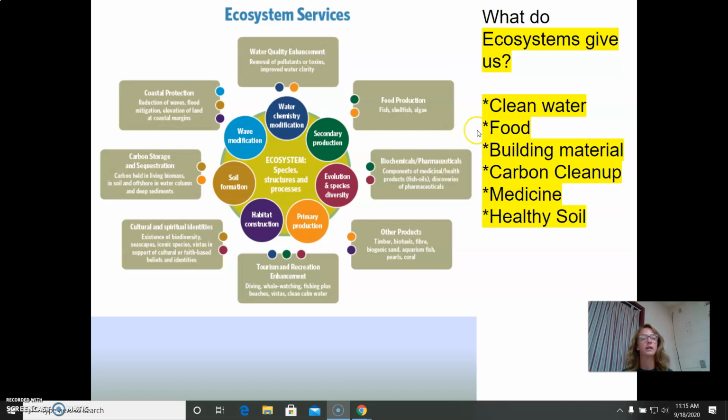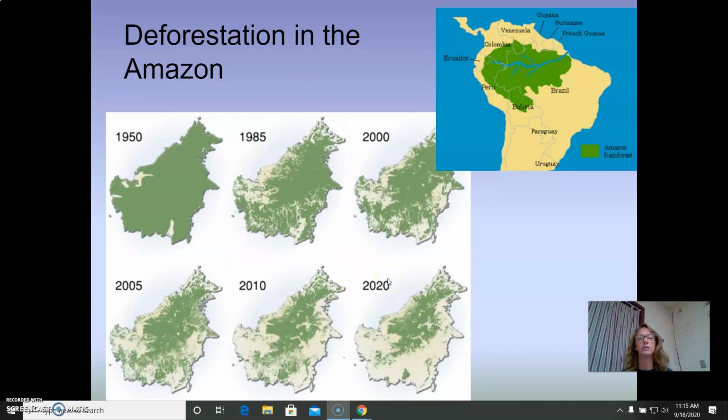Healthy soil lets us grow healthy food so we can be healthy. And then most cultures or religions also rely on nature as part of their culture and spiritual practices, and obviously vacation spots. If we keep wrecking our coastlines with whatever we're doing, lots of stuff, there's nowhere to vacation to.